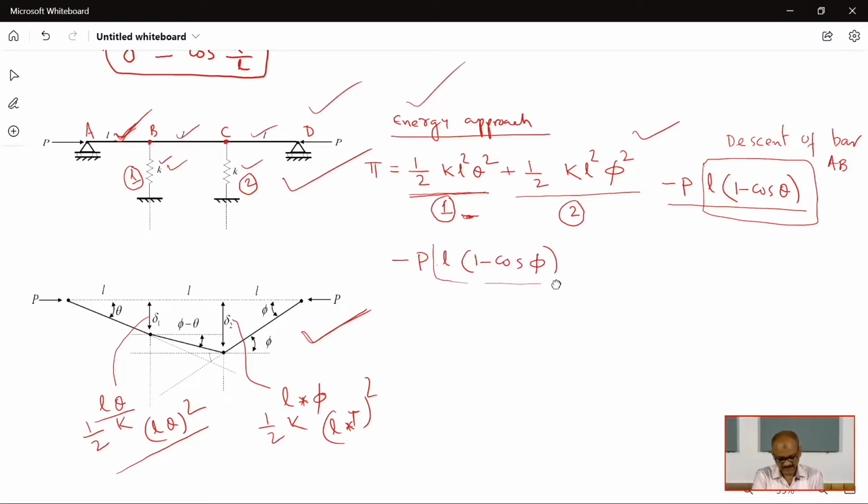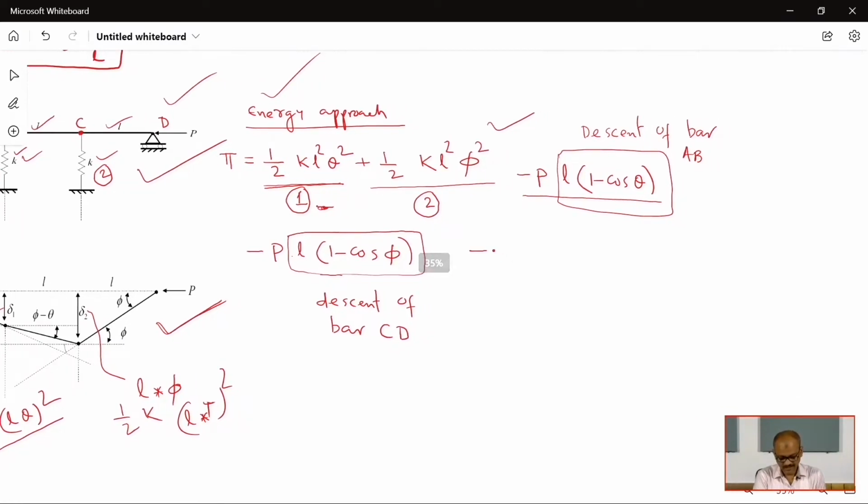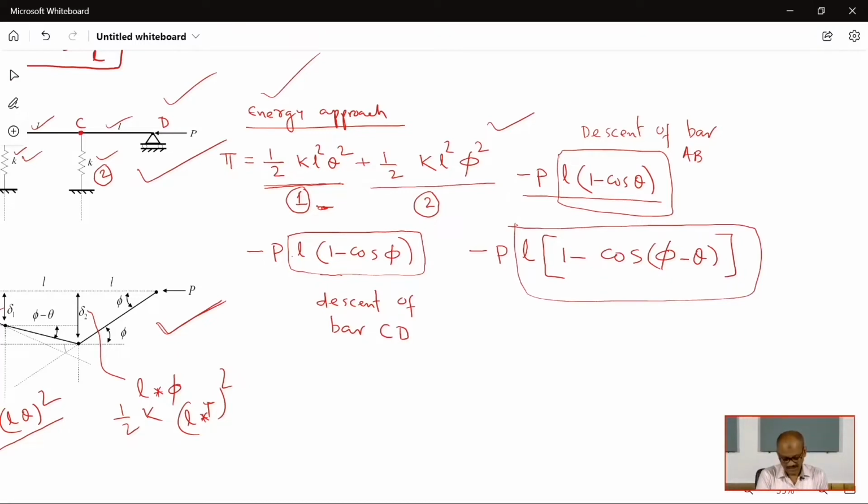This part is the descent of bar CD, and you can write minus P into L into 1 minus cos phi minus theta, and this part is the descent of bar BC.